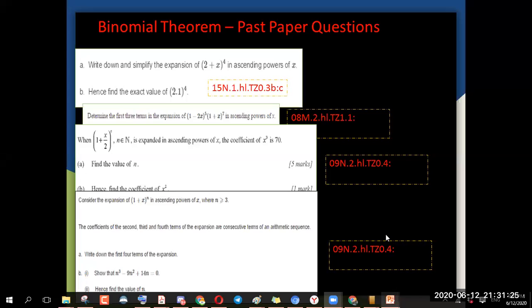Otherwise, because it's a paper 2, you can just graph it if you're feeling lazy. Yeah, there was a lot of algebra there.